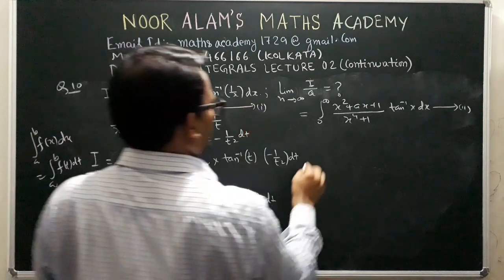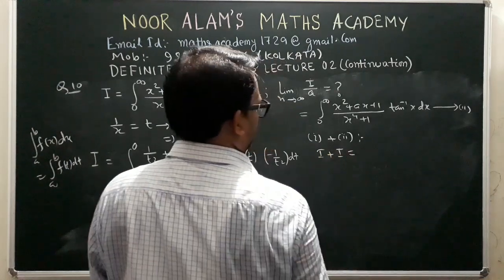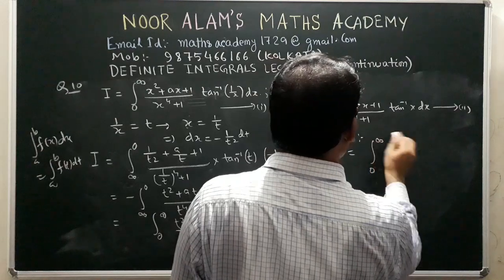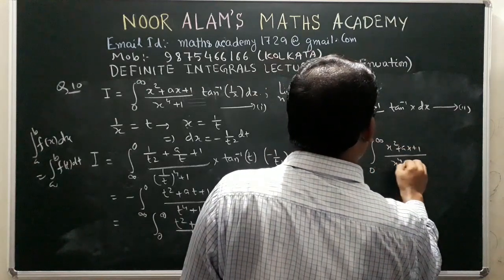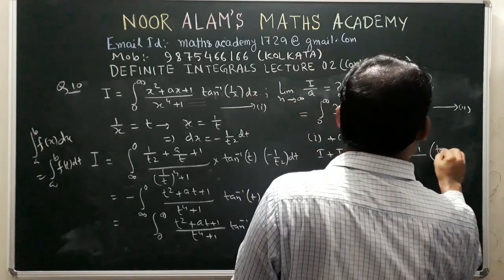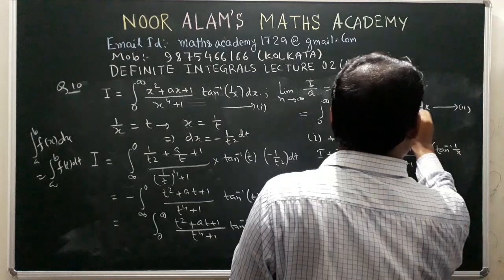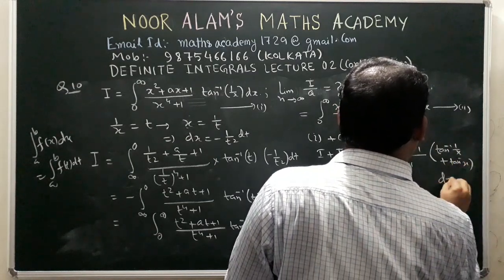Now I am going to add 1 and 2. If we add 1 and 2, we get I plus I on the left hand side, and on the right hand side 0 to infinity is common, x square plus ax plus 1 by x power 4 plus 1, and in the bracket we have, from here tan inverse 1 by x, and from here tan inverse x, outside dx.